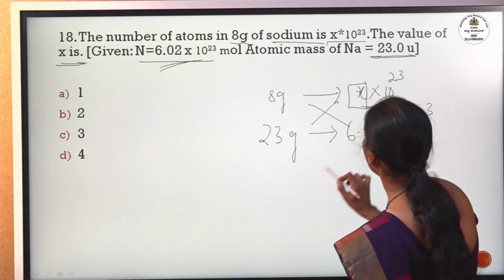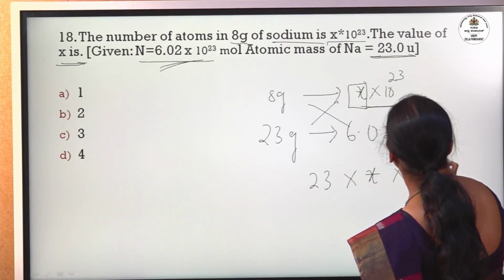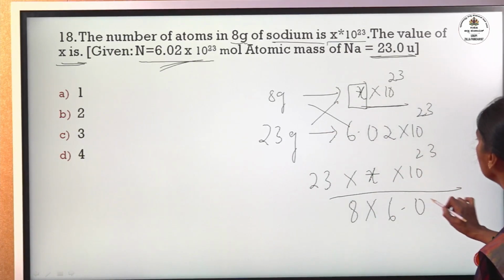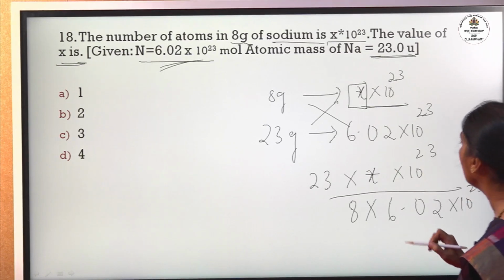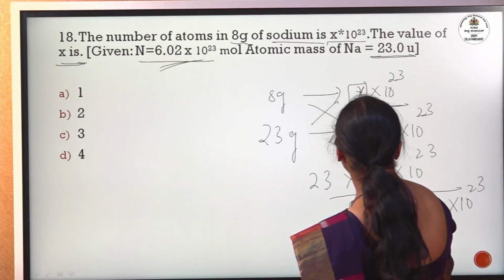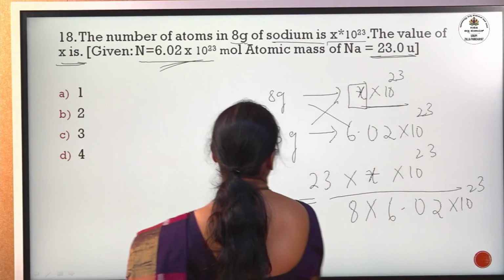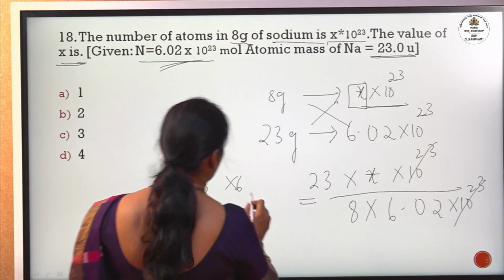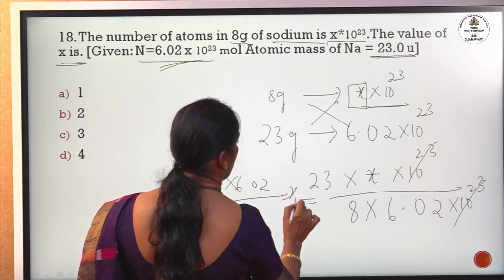So, we will calculate it. This is 23 into x into 10 to the power 23 divided by 8 into 6.02 into 10 to the power 23. Now, we will keep x here, take all remaining terms to the other side, cancel out the powers of 10, 8 into 6.02 divided by 23 is equal to x.